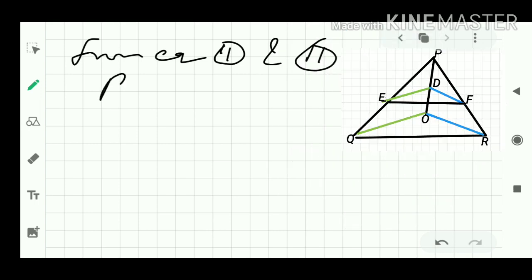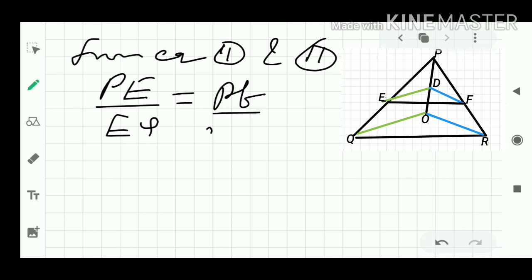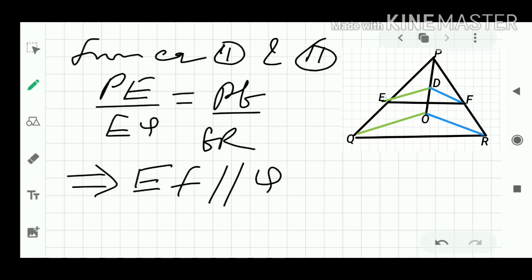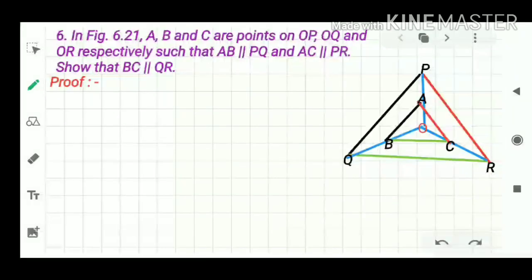Therefore PE by EQ equal to PF by FR. So in triangle PQR, PE by EQ equal to PF by FR. So by converse of Thales theorem, EF parallel QR.